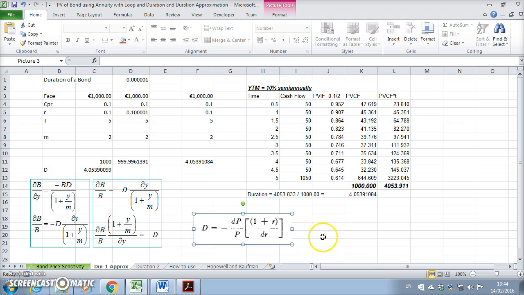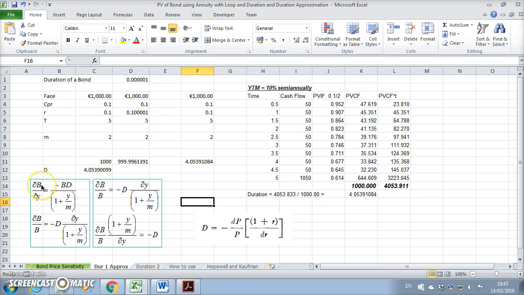So if we initially had taken the Macaulay duration adopted for higher frequency compounding or payment of coupons, we can read this as the change in the bond price divided by the change in the interest rate is equal to negative times the original bond price times its duration over 1 plus the discount rate divided by the number of time periods.